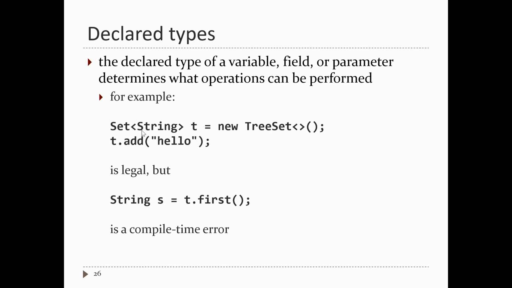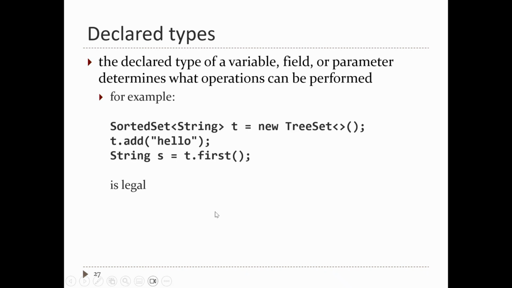You didn't say that T is a tree set, so this doesn't work. Okay. T add hello, T dot first. Sorted set is what's called a sub-interface to set, so it inherits from the set interface. Sorted set has a first method, so this is legal.